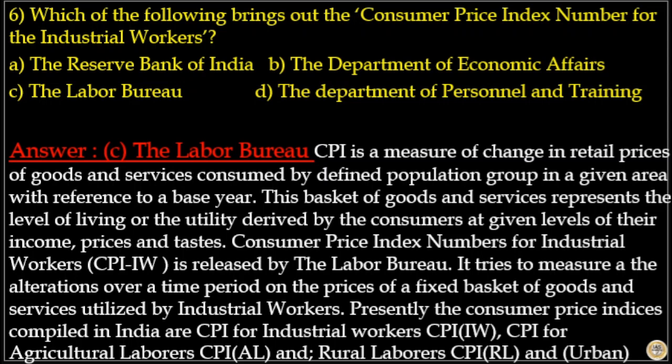It tries to measure the alterations over a time period on the prices of a fixed basket of goods and services utilized by industrial workers. Presently, the consumer price indices compiled in India are CPI for industrial workers, CPI for agricultural laborers and rural laborers, and urban laborers. So, your answer to this question is option C.